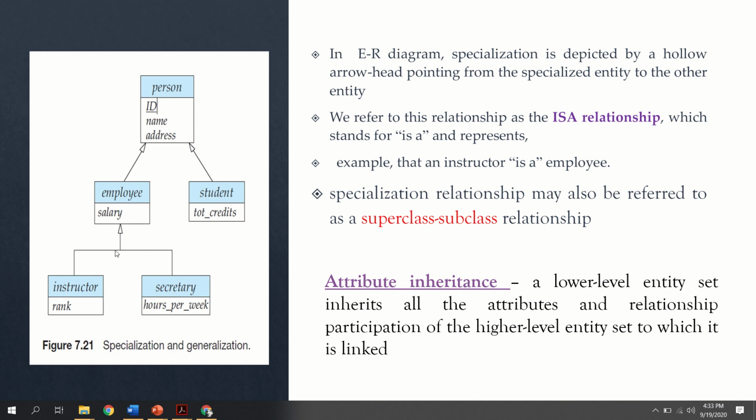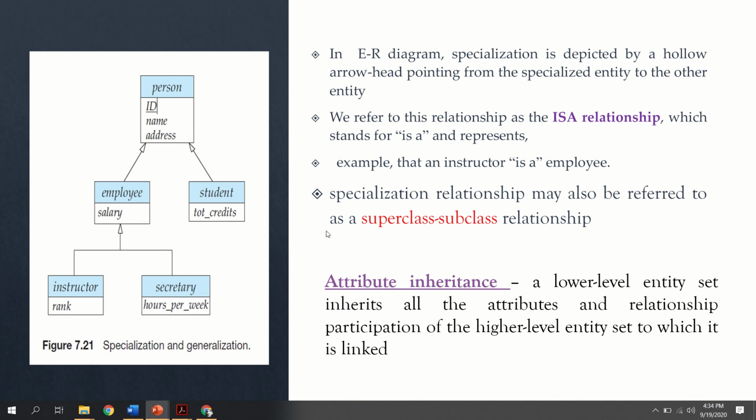And if it is a disjoint one, we will draw like this. There will be only one hollow arrow pointing towards this employee. Based on this example, I am explaining the difference between how to represent an overlapping specialization and a disjoint specialization. So this is about specialization, which is one of the extended ER features.